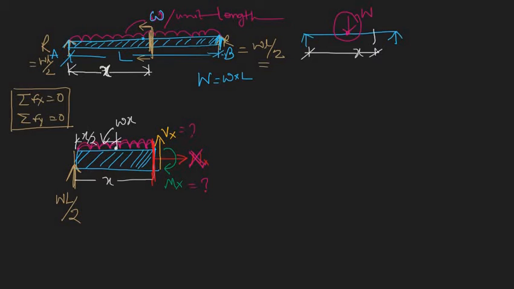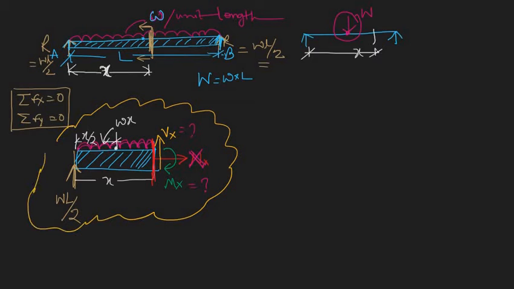To find Vx, we have to use the equations of static equilibrium, because this whole system is in equilibrium, so there is no upward or downward movement. The total net force acting in the vertical direction, that is the summation of Fy, equals 0.